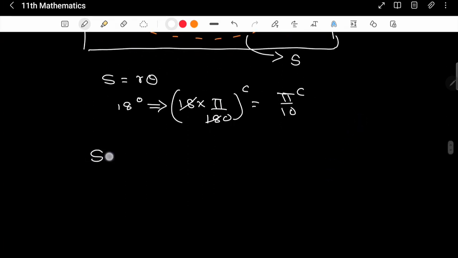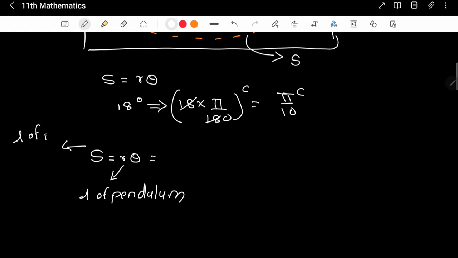So we have S is equal to r theta formula, where r is the length of the pendulum, and S is the length of the path of the pendulum.